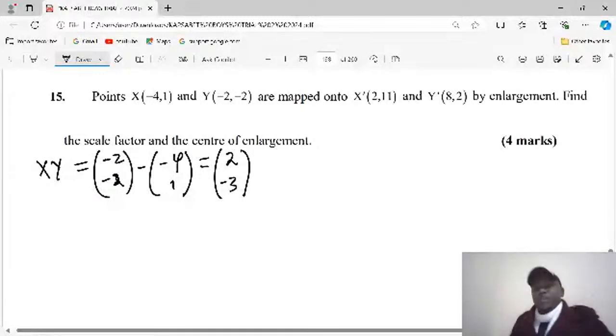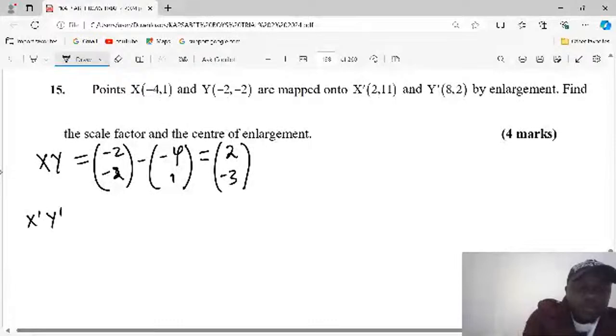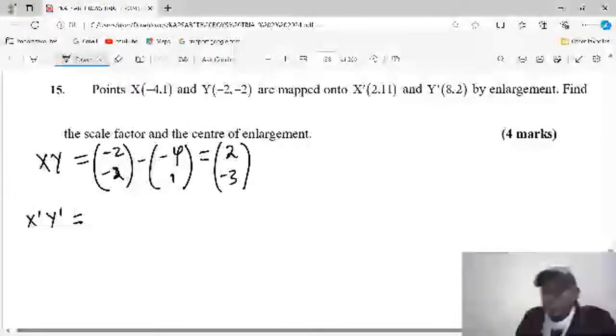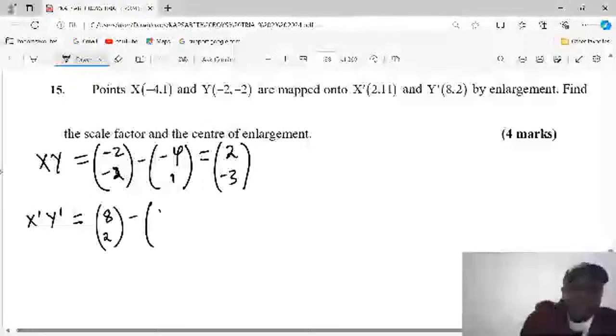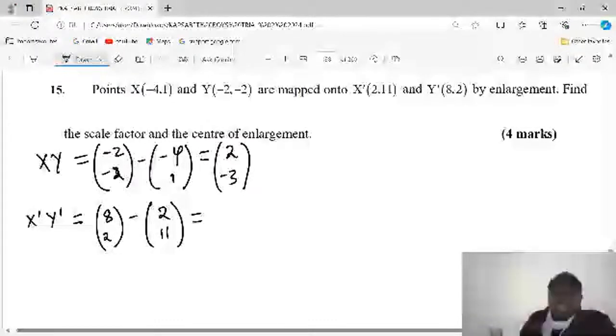What about the displacement from X' to Y' after the enlargement? After the enlargement, what's going to be the displacement? So we need (2, 11) to (-2, 11) after they have been enlarged. What is the displacement between the two points? I'm seeing 6 and -9.